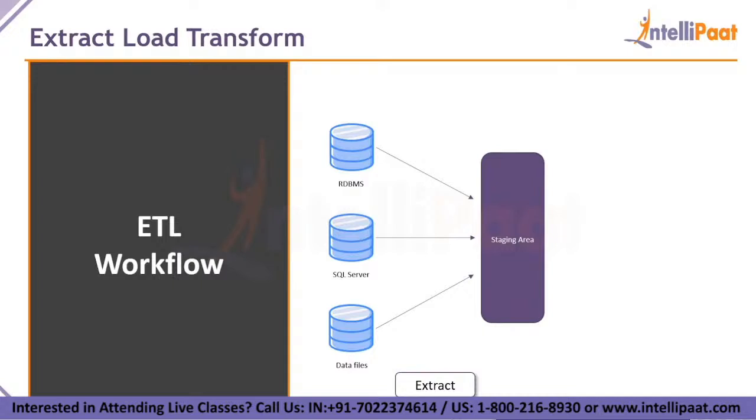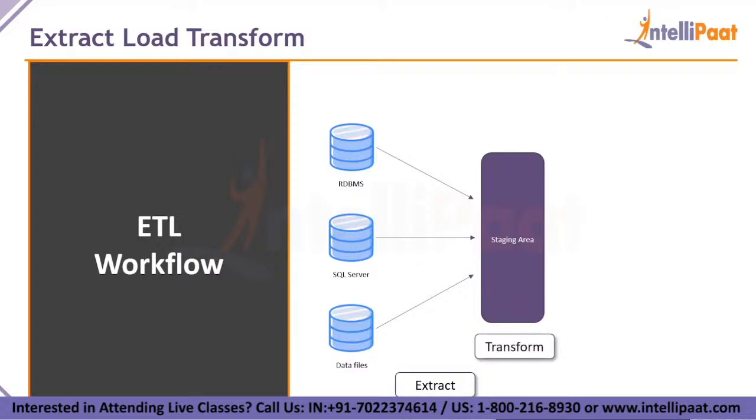The SQL server is obviously giving data in a structured SQL format. In the staging area, when you're creating a combined view for a data warehouse, you need to make sure that all of this data is in a singular format, preferably SQL, and that the data is essentially cataloged. So the next step becomes the transformation process.